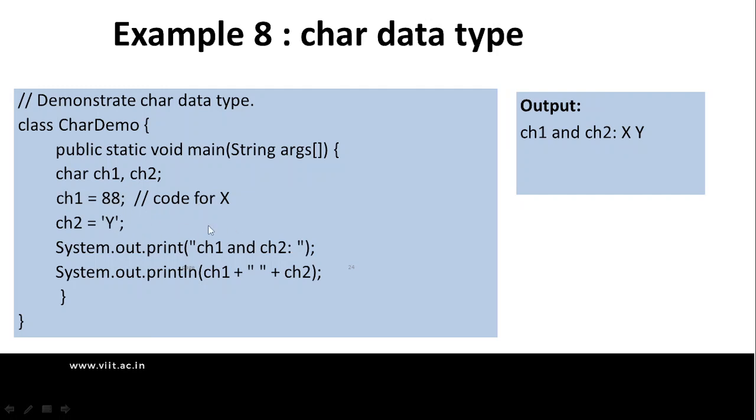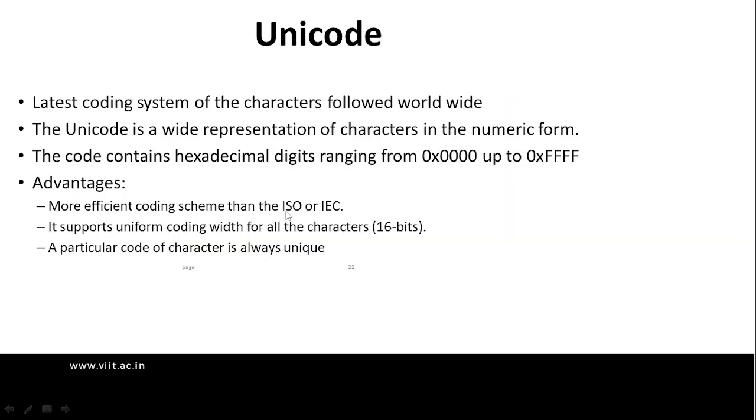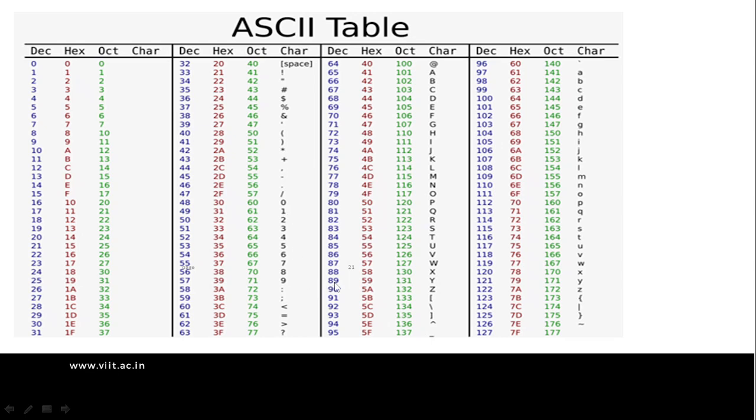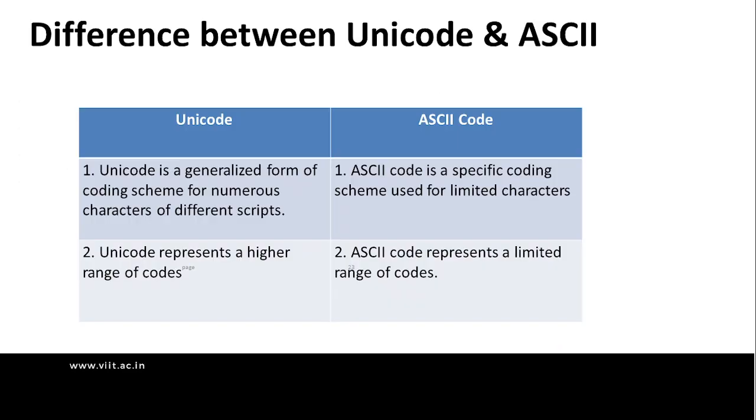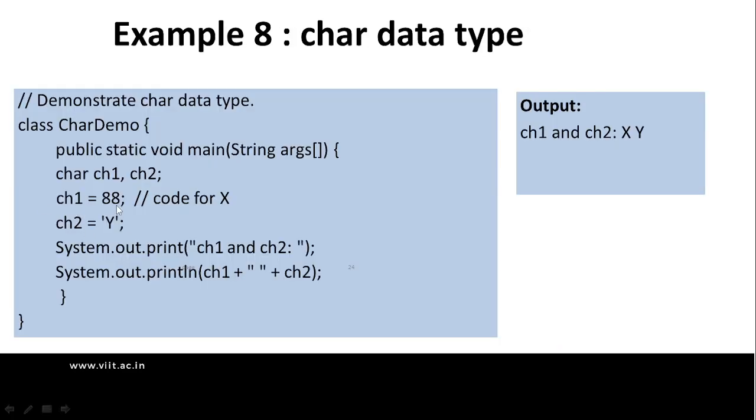This is the numeric value for representing X. Means 0 to 127, if you mention any number, a particular character is assigned to it. For example, instead of 88, if you give 89, this will be Y. Character 1 is X, character 2 is Y, but here by numeric representation I am mentioning the character. This is by character representation I am mentioning the character.